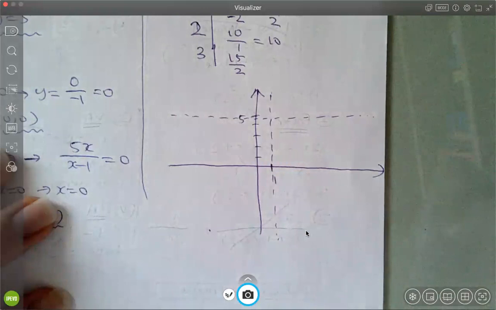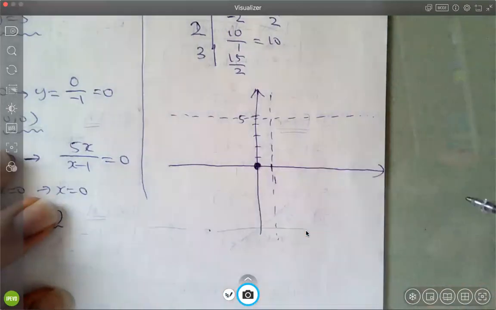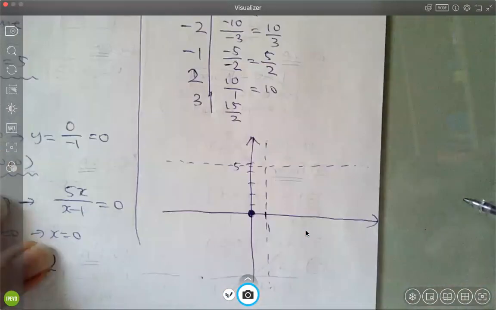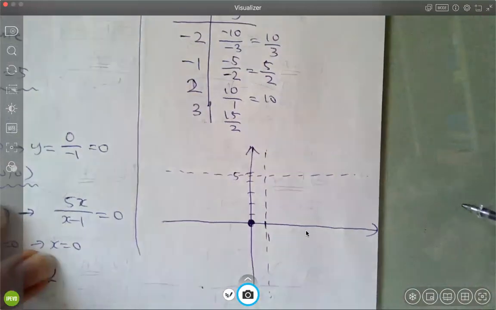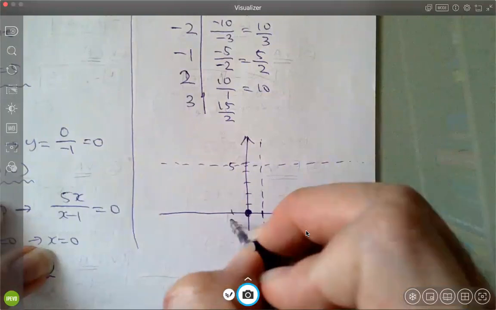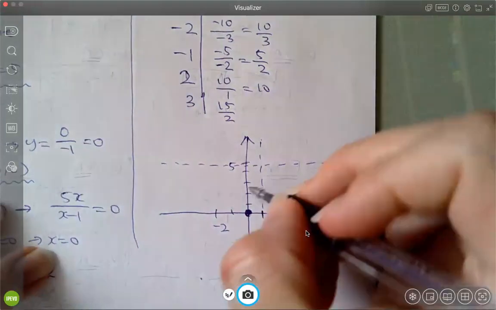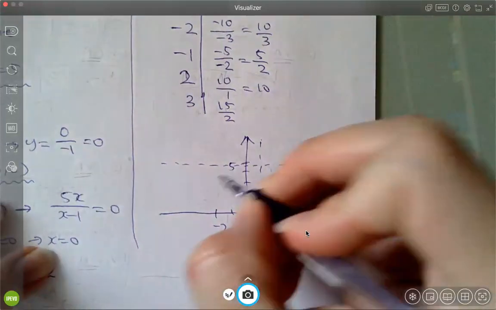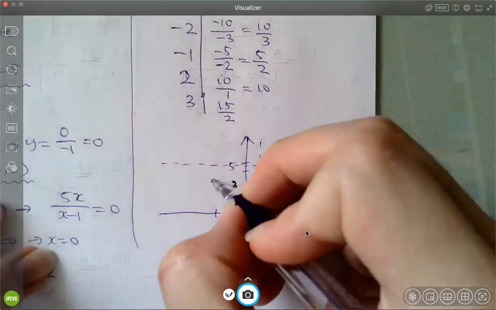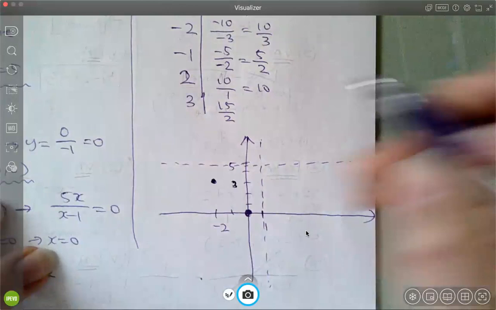Okay, and then a few points. (0, 0), the x-intercept and y-intercept. And then (-2, 10/3). Now 10/3 is what? A little over 3, right? So what does that mean? Here is 3. So maybe it will be somewhere here. And then (-1, 5/2).